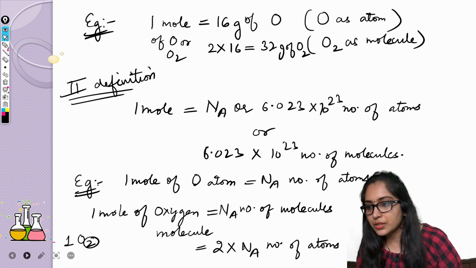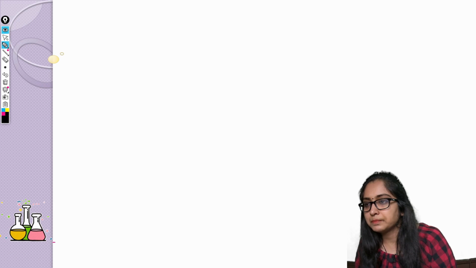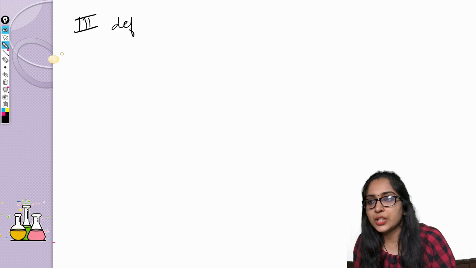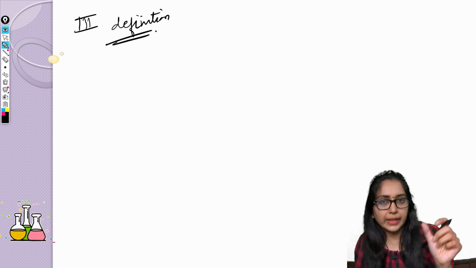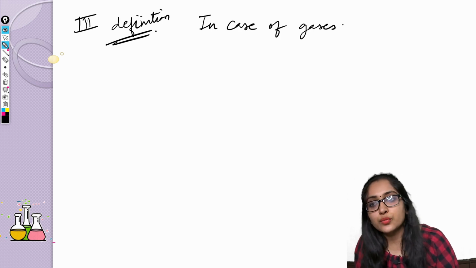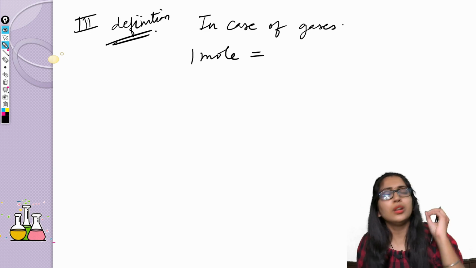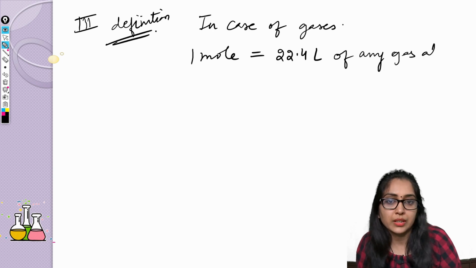So the third definition is, if I want to correlate 1 mole in case of gases, then in case of gases, 1 mole will always be equal to 22.4 liter of any gas at STP.